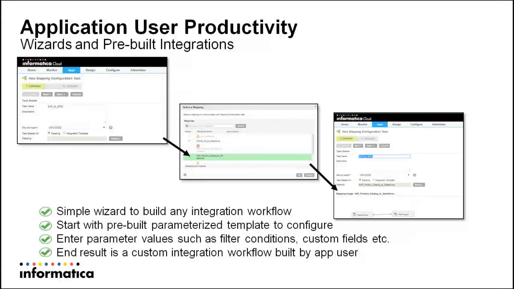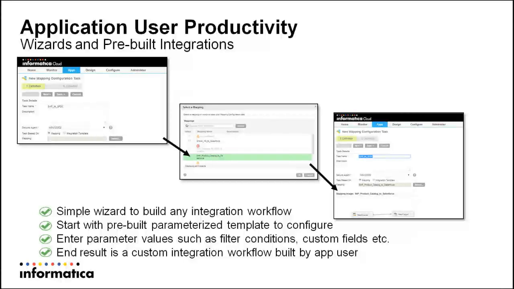What this enables IT developers and architects to do is pre-build an integration end-to-end for common integration scenarios. For example, this could be a Salesforce to NetSuite account sync. That's a fairly standard process that can be pre-built and then leveraged for consumption by Informatica Cloud users.